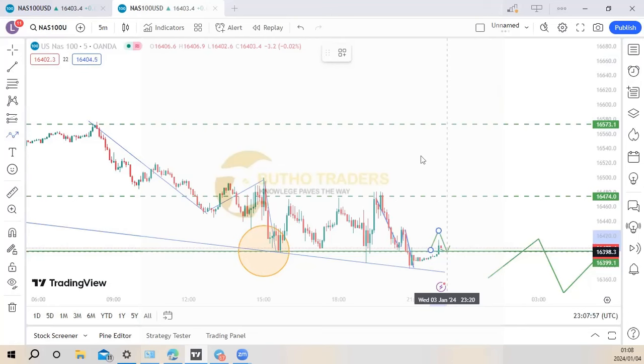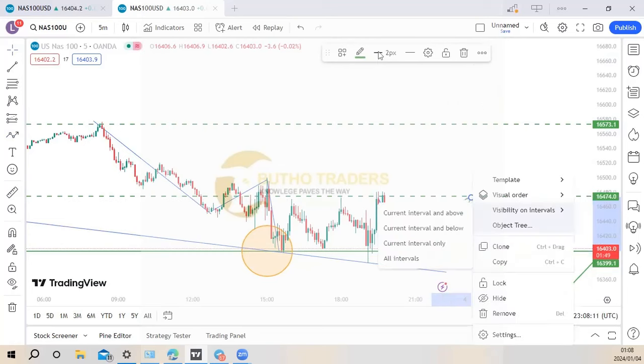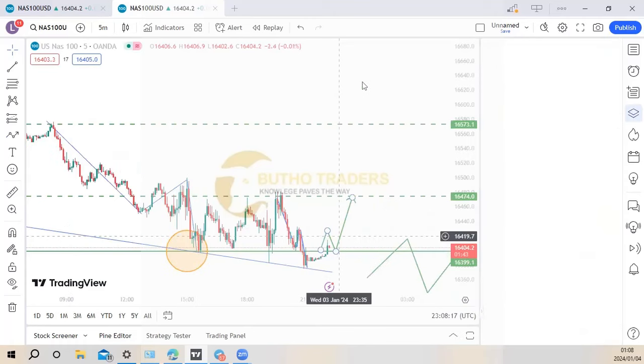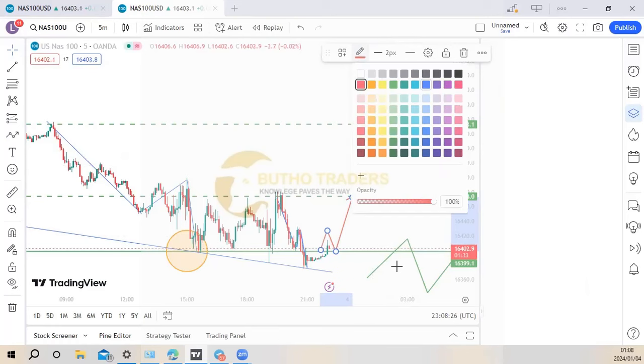This is how this can play out. So on Nasdaq, I can confidently say we are on buys. You can confidently say it. I know I can use the red one because the red one is the paper one.